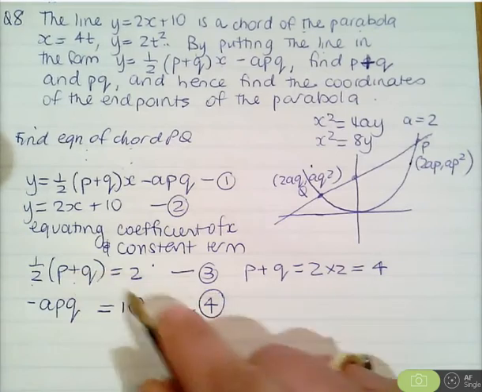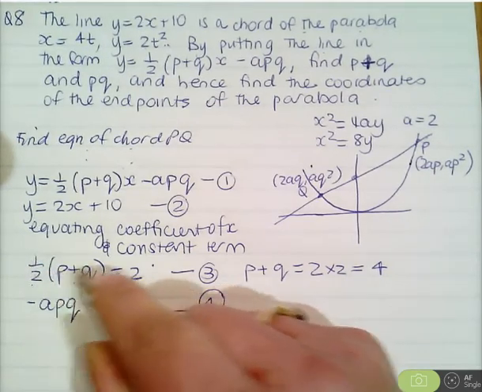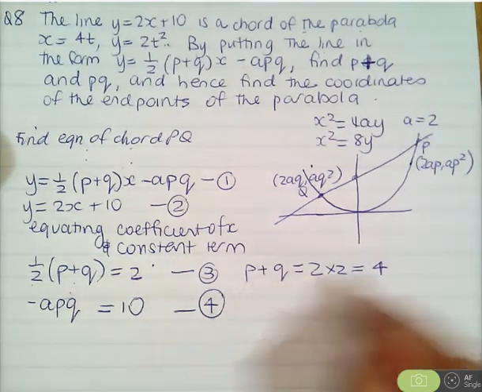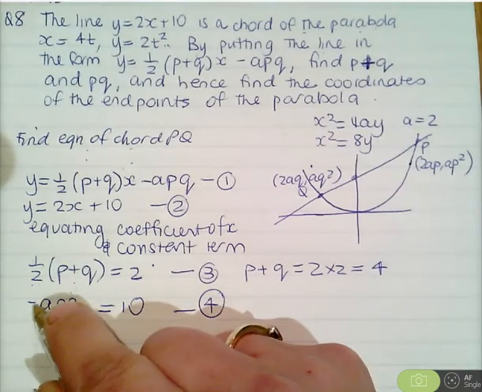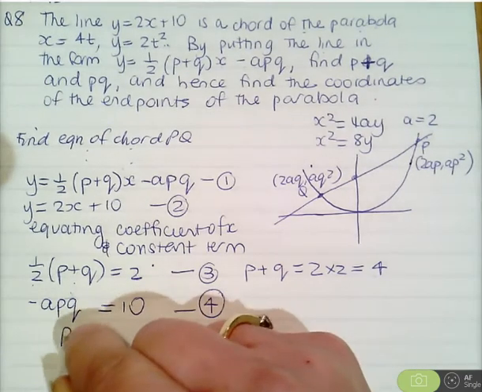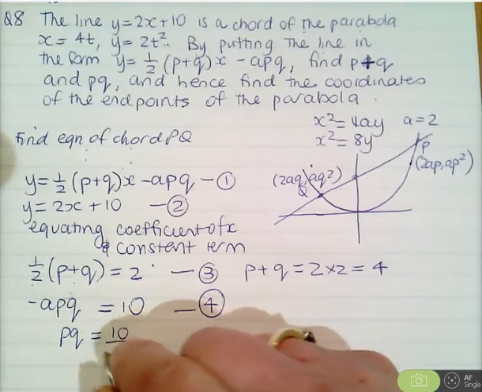We have p plus q over 2, and to get rid of the divide by 2, we times by 2. So therefore we get that p plus q is 4. And here we can see that negative apq equals 10. So therefore pq is 10 over negative a.